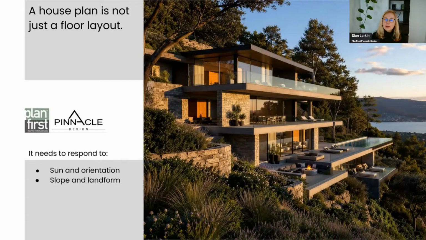Secondly, the slope and the landform. Now, the shape of the land is extremely important. If you've got a house on one level, let's say the floor plan that you've seen is on one level, this might be your forever home and you don't want stairs. It's actually going to be the last home that you build and stairs are not for you.